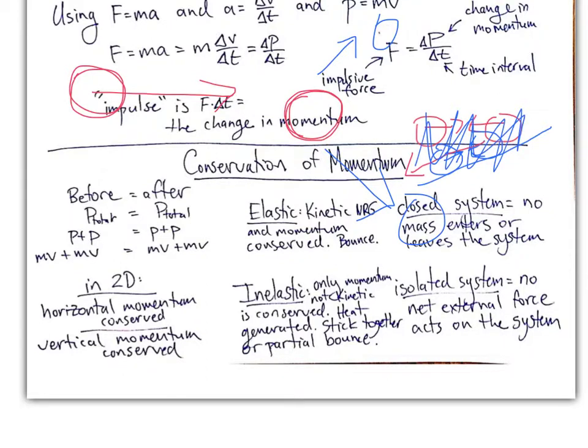So how we solve that is basically we consider the horizontal momentum and the vertical momentum separately. I know you're shaking your head saying, oh my gosh, this is going to be so fun. For the final momentum, we're using SOHCAHTOA and we have some vertical momentum for this object, and for this object we have some vertical momentum as well.